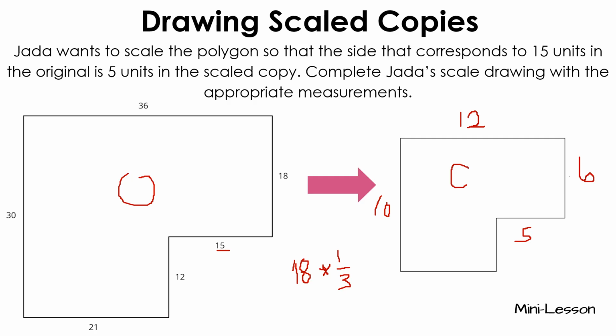So the side that corresponds with 30 will be 10, and we have 21. 21 divided by 3 is 7. So the side that corresponds with 21 will be 7. And that is how we apply our scale factor. We take the side from the copy, and we divide it by the corresponding side from the original. And we utilize that number and multiply it by the original sides to find the remaining lengths.